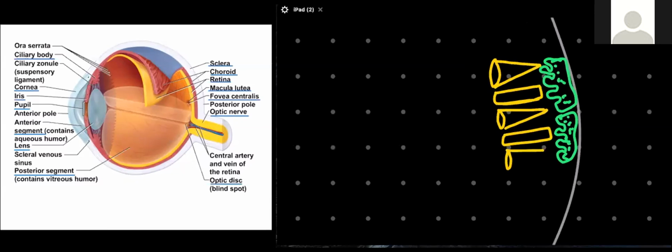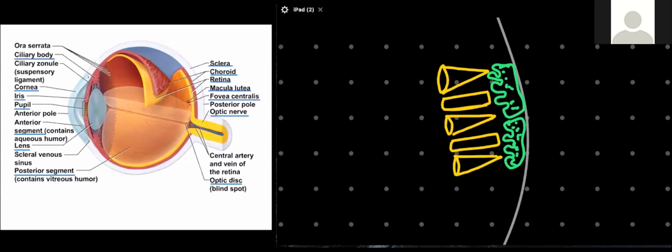I have receptors that will look like rods and other ones that will look like cones. So I have those receptors that will be responsible to detect light. So we're going to call them photo, means light, receptors.